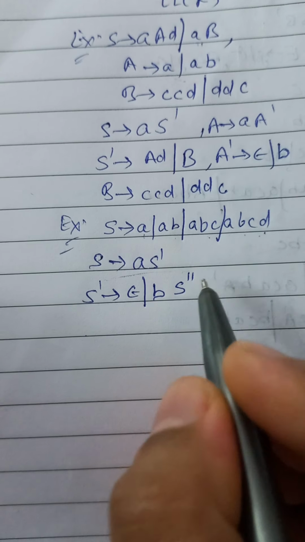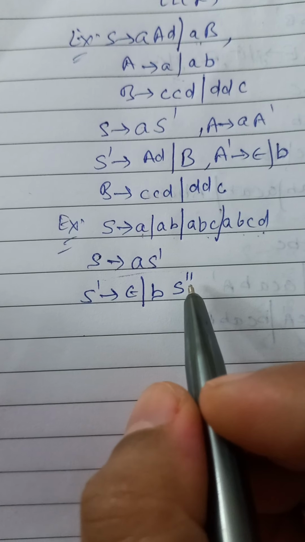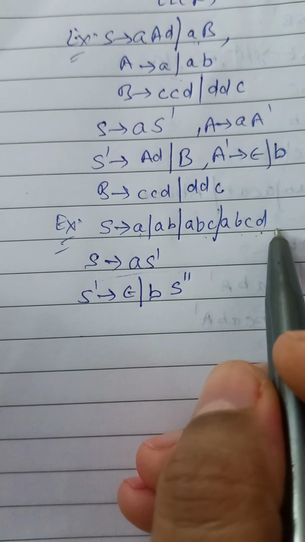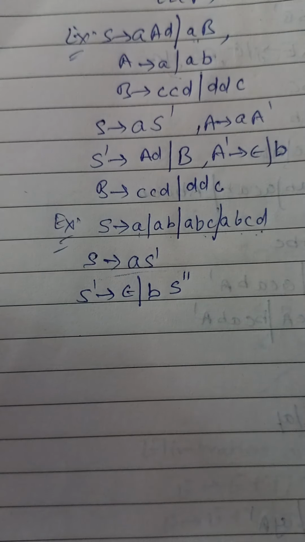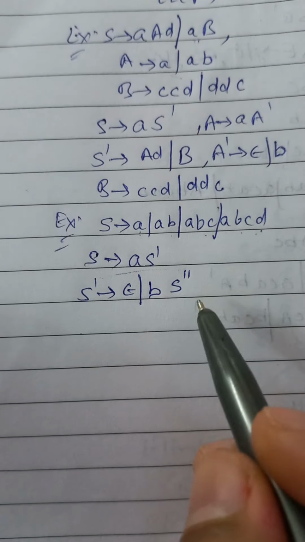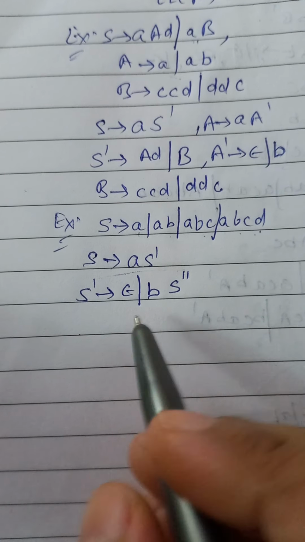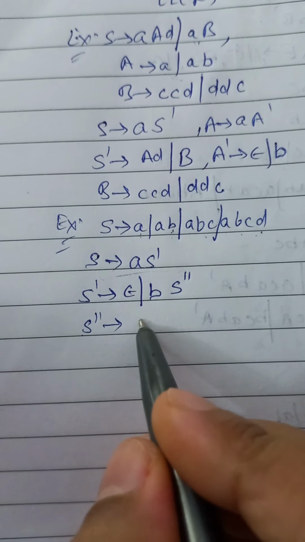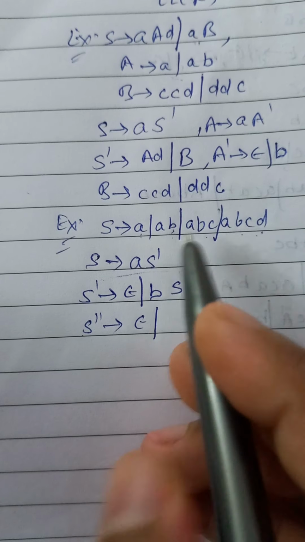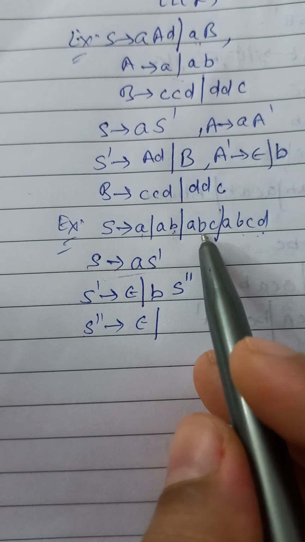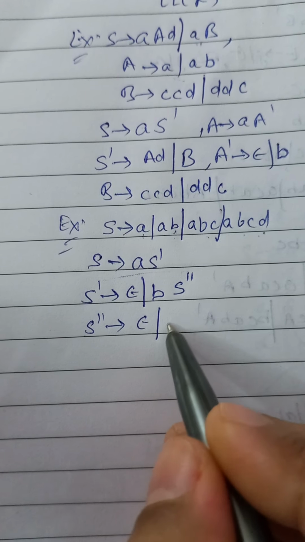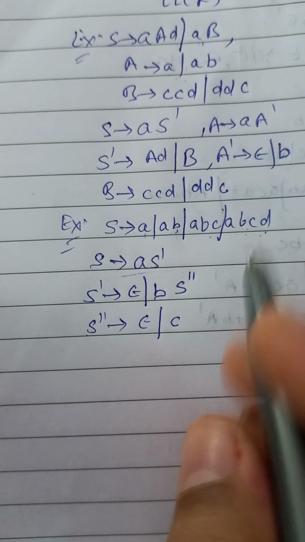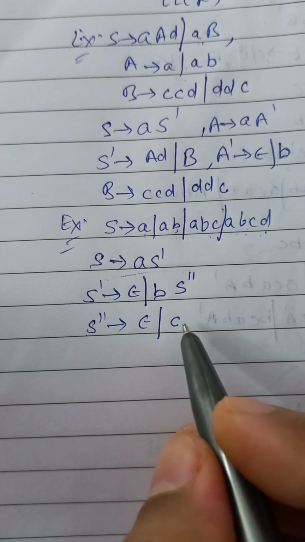So how are we going to do this? We write S dash. We take a new variable, because after that the compiler will fight over all the B strings, since B is there in all the productions. That's why we are taking the new variable S double dash. What will come in S double dash? Because there is a single B, first it will get epsilon, and after that we will get C, and we can see C is present in both strings, so we have to take another variable so that the left factor will be removed.